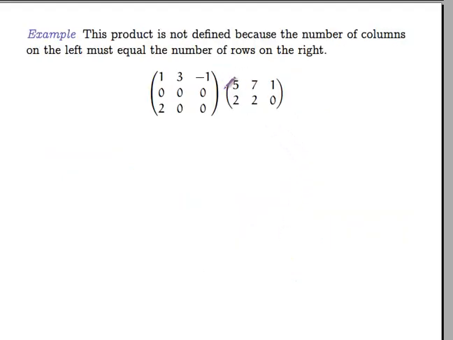In this case, the product is not defined because when you do matrix product, you take the product of each row with each column. And the row and the column need to have the same number of entries. So here if we have m by n, and here if we have, say, r by s, in order to do multiplication, you need n to be equal to r.